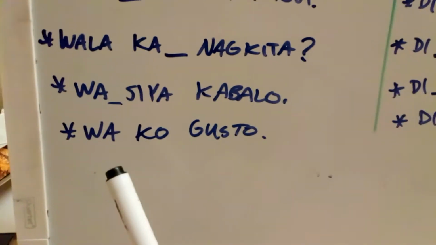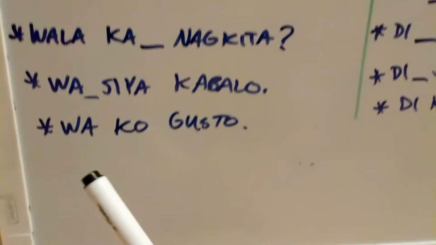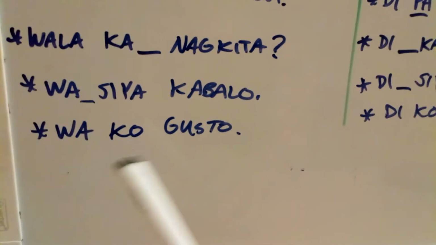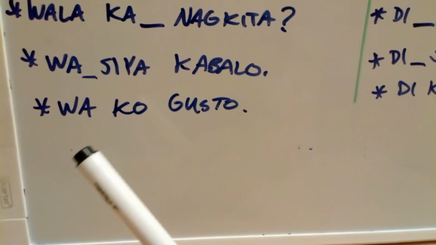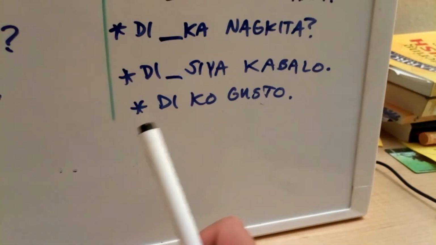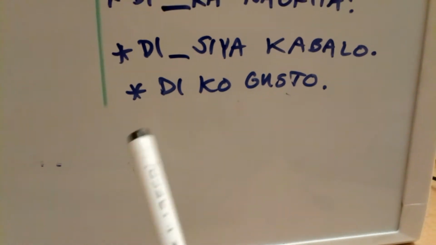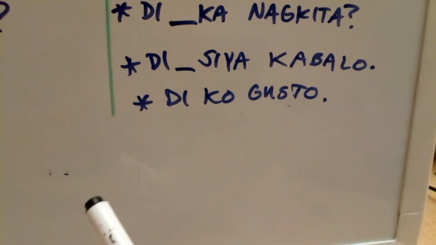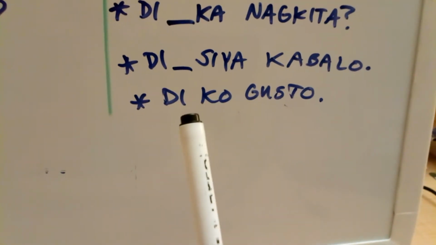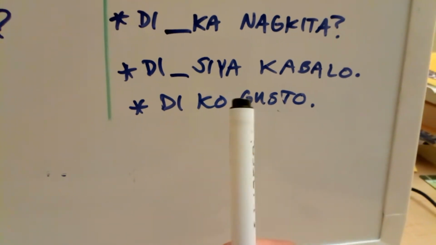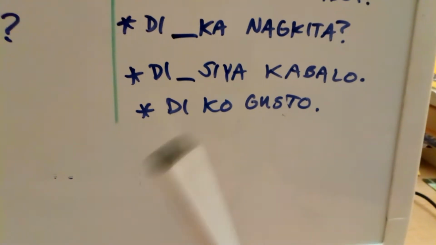And lastly, we have wako gusto, meaning I don't want to. I don't like it. I don't want. Wako gusto versus ay di ko gusto. So for the di ko gusto, if you offered me something and I look at it and I'm like di ko gusto, dili ko gusto. It's like I don't want it.